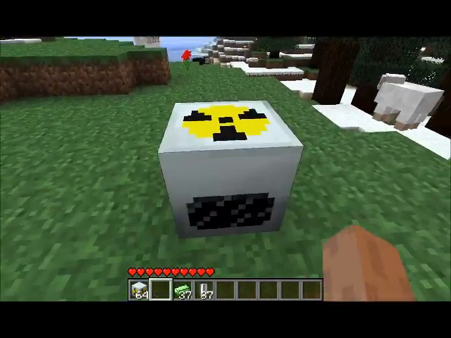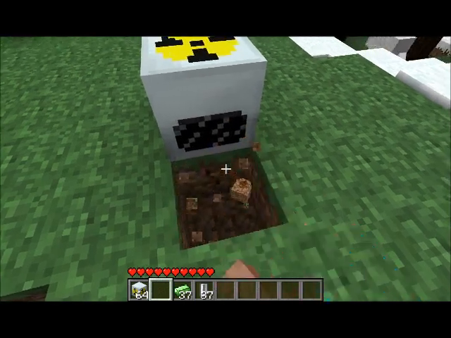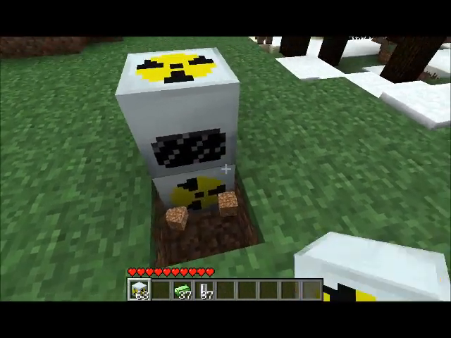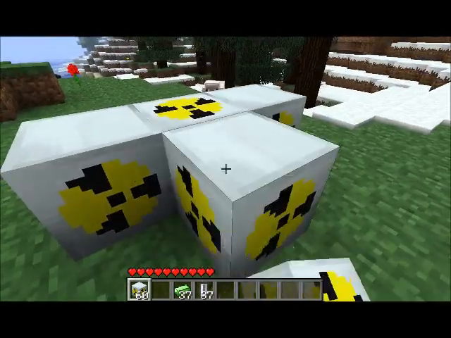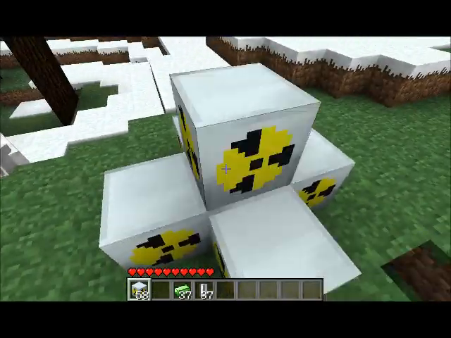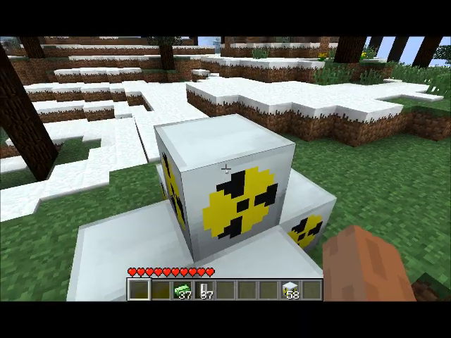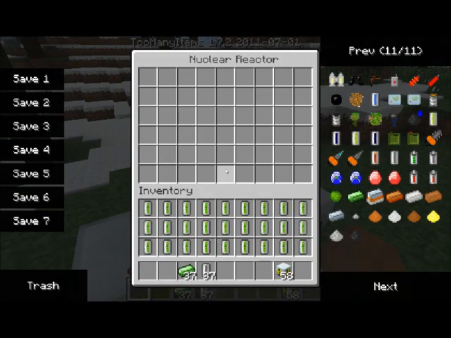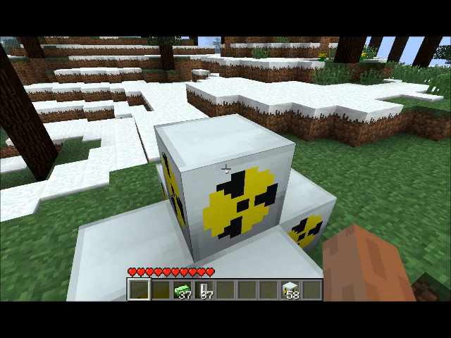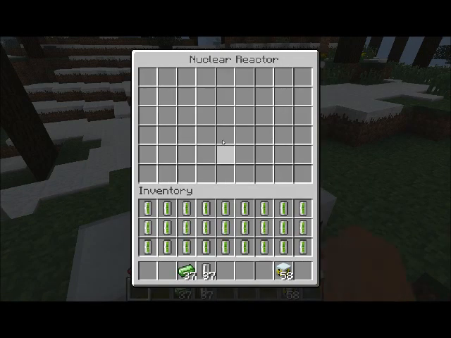Lay down your reactor chamber there. Surround it. So this is what a fully fledged nuclear reactor looks like. Okay. 9 across, like I said, and 6 down.